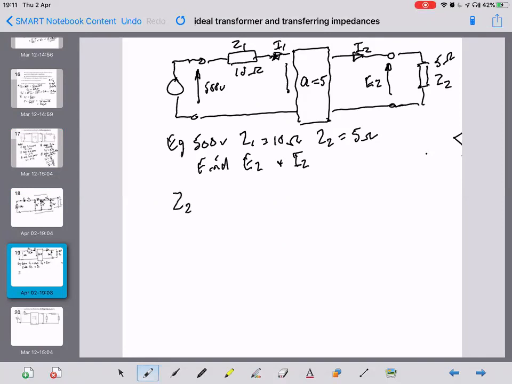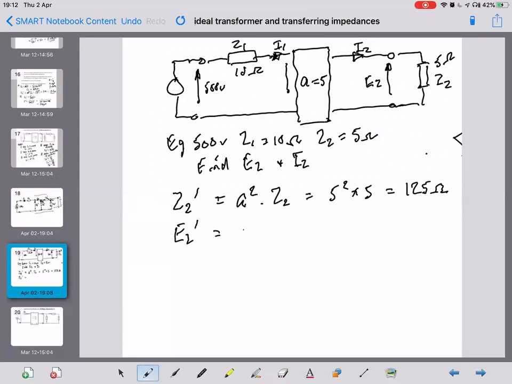Z2 dash, i.e. what value of impedance is reflected to the primary side. As A squared times Z2, which is 5 squared times 5 is 125 ohms. So Z2 dash is 125 ohms. We also need to transfer E2.